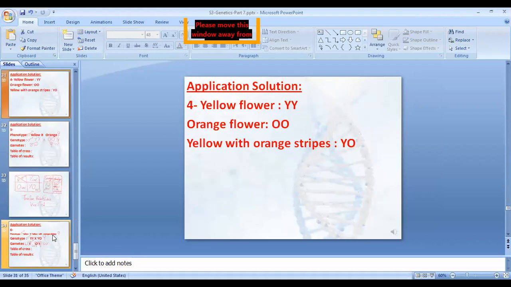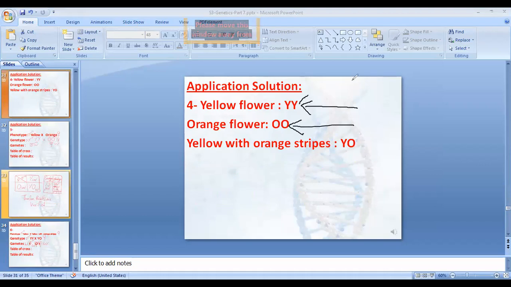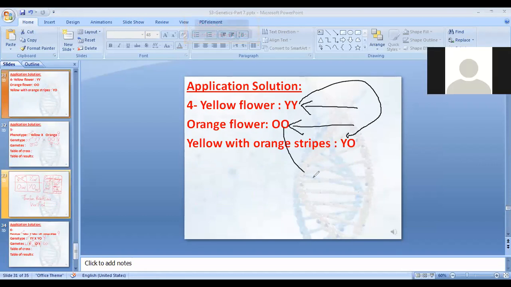Part 4, the yellow flower has YY. Why did Mina say it's YY? Because the parents are pure. And OO, because the parents are pure. So YY gives only one type of gamete, which is Y. OO gives only one type of gamete, which is O. So the genotype of the yellow with orange stripes is YO.